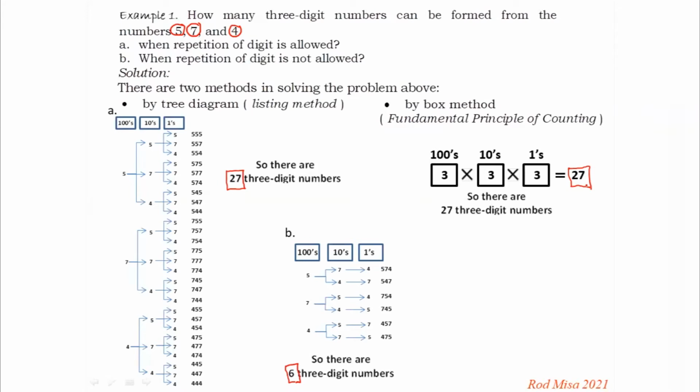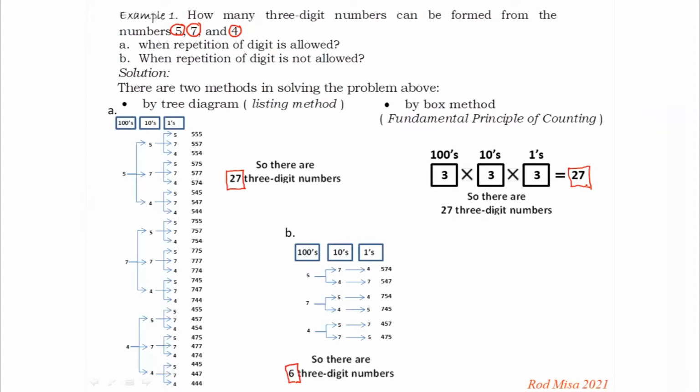However, the listing method is a little bit tedious because you will be listing all possible 3-digit numbers. Most of the time, listing is not possible, especially if the list of all possible occurrences is so large. So therefore, we can use our box method here by placing all possible occurrences in each box.